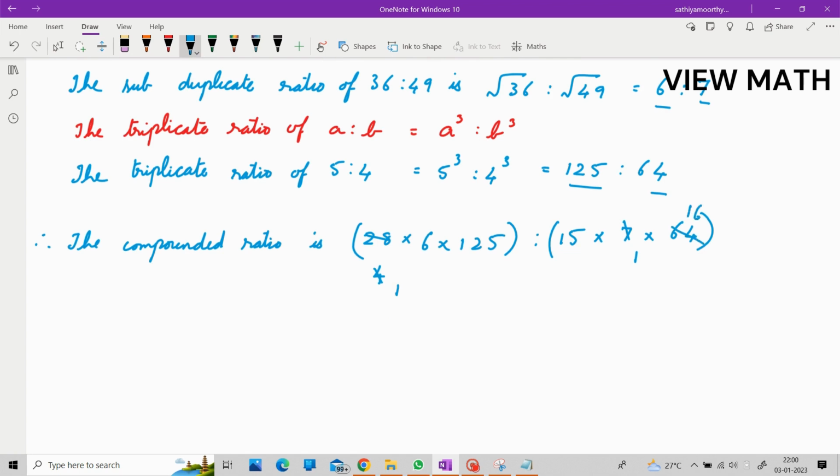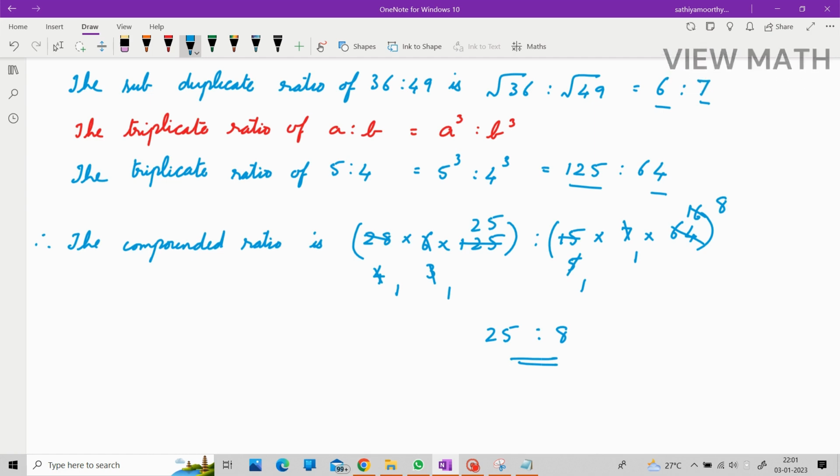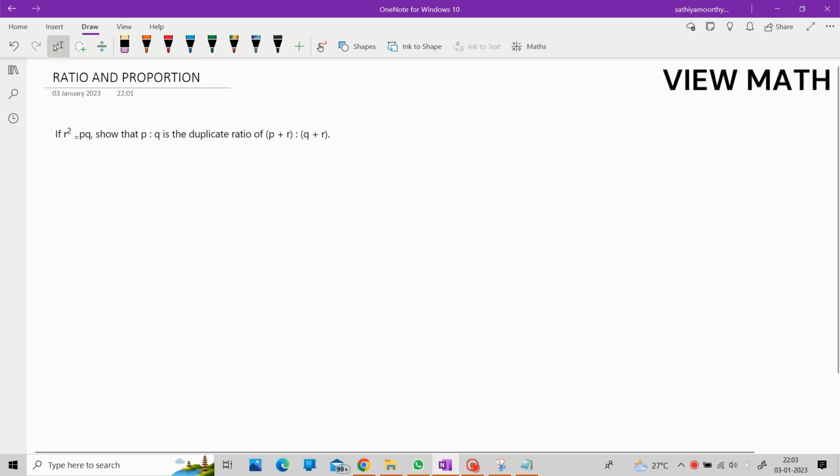Next 2 3 times, 2 8 times. 3 1 times, 3 5 times. 5 1 times, 5 25 times. So the compounded ratio is 25 is to 8. Now let's see the next problem.